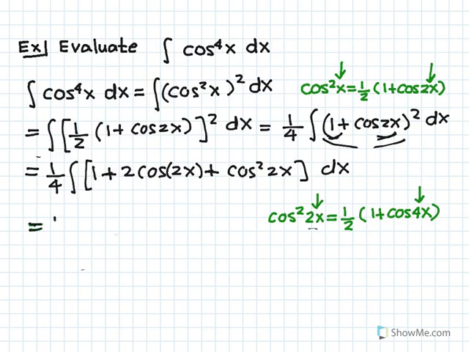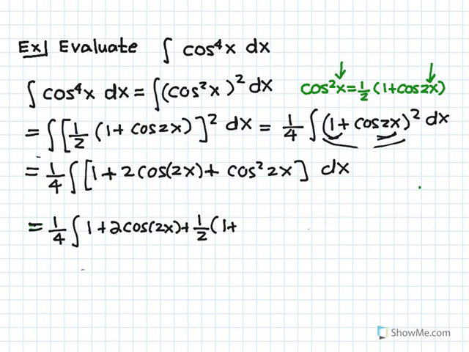That's going to give us 1/4 integral of 1 plus 2 cosine 2x plus 1/2 times (1 plus cosine 4x) dx. So we applied the half-angle identity: cosine squared 2x is equal to 1/2 times (1 plus cosine 4x).